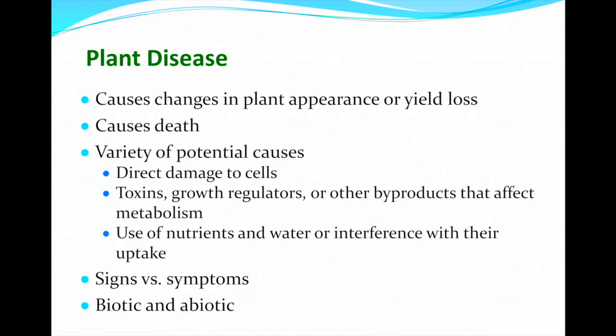It's surviving and it's making it, but it just doesn't look very good. So I noticed distortions, twisted discolorations, and I noticed stunting. Are those signs or are those symptoms? Those are going to be symptoms or malfunctions caused by some biotic or abiotic factor.